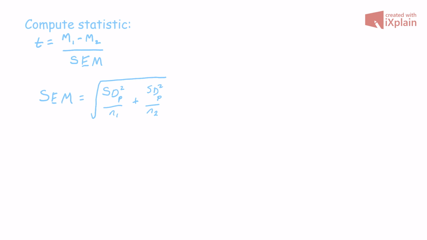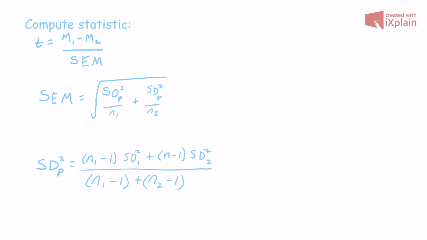And in order to use this equation, we need something called the pooled variance. That's what these two terms are. And that term also has an equation, and that's this equation. So we need to find the pooled variance first, then we substitute that number into the standard error of the mean equation, and then we take that number and substitute into the t-test equation.